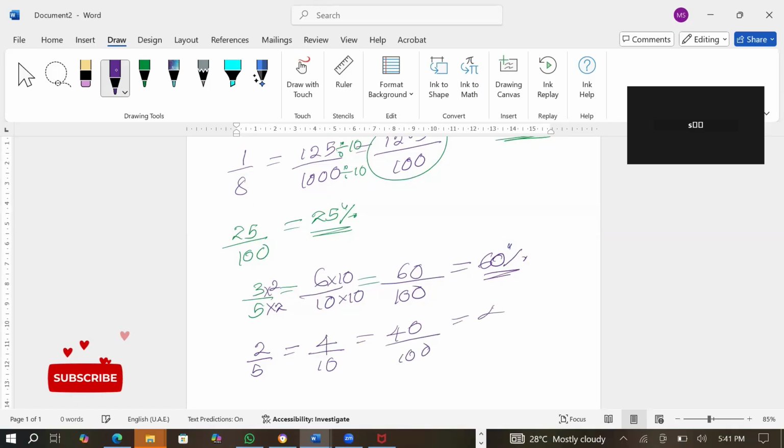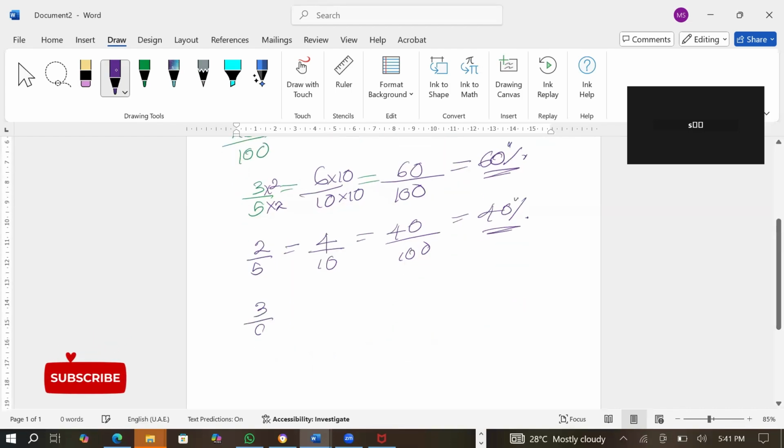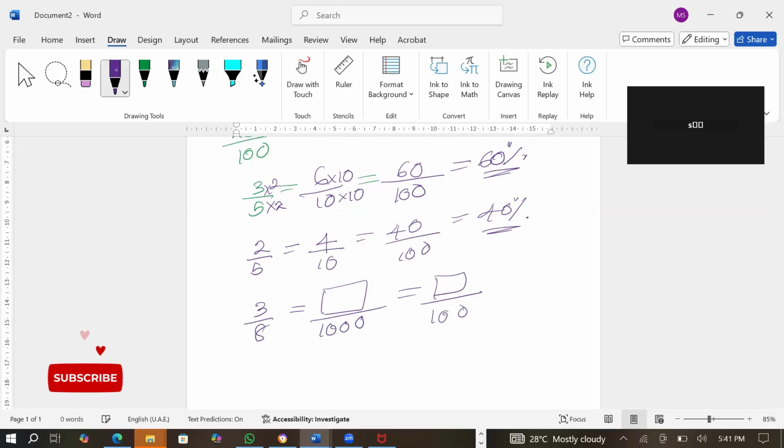Nice one. And this one, 3 over 8. First, write them as a fraction with denominator 1000, then with 100, then the percentage. Okay, fill the blanks.